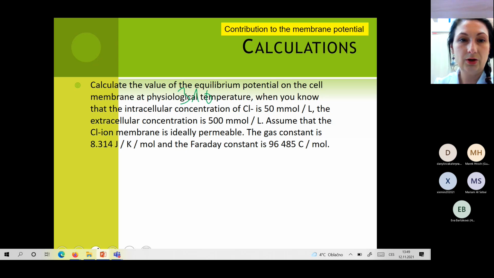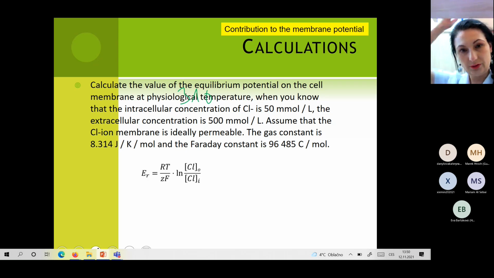Also assume that the membrane is ideally permeable for chloride ion, and you also know the values of the gas constant and Faraday constant. Please do it on your own. I will just put here only the Nernst-Peters equation, and please put the numbers first into the equation.